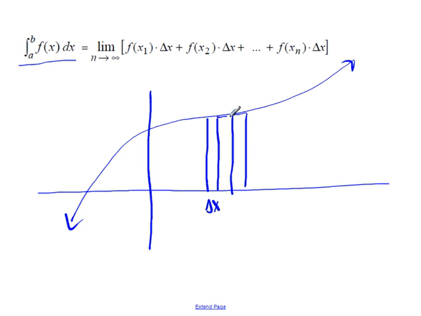This idea of adding up rectangles has a special name, and it's called the Riemann sums method. If we add up all these rectangles, what we get is an approximation of the area underneath the curve.